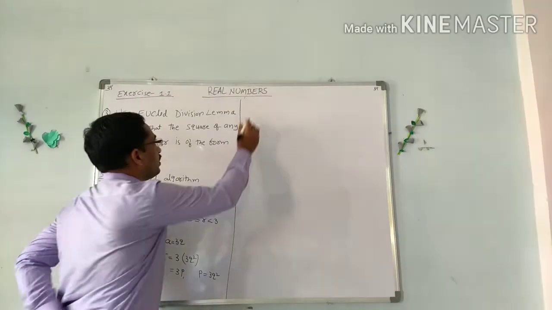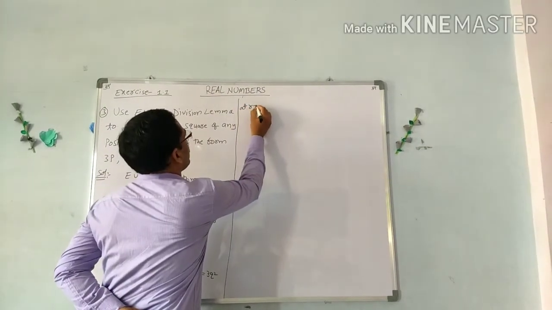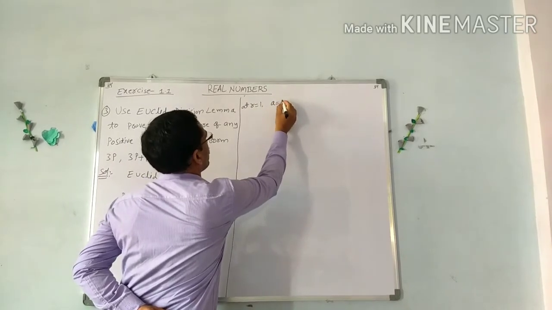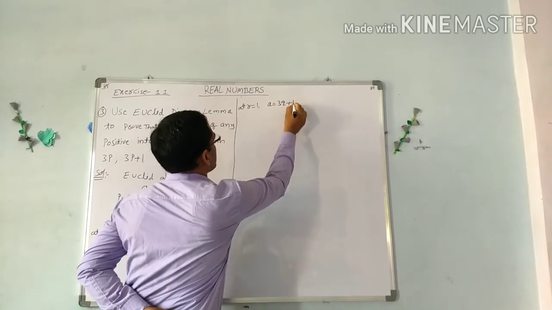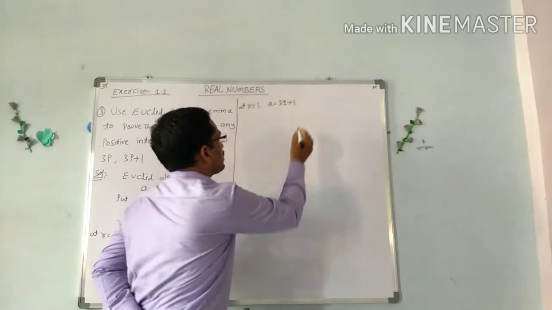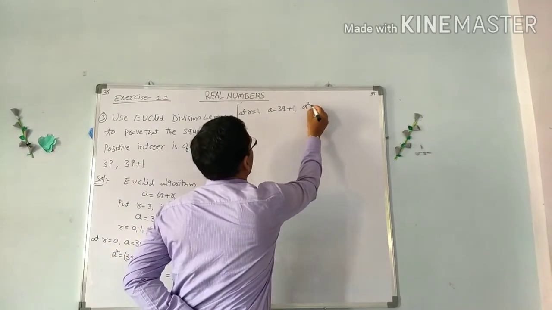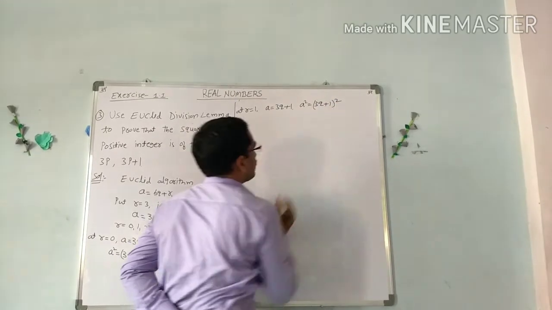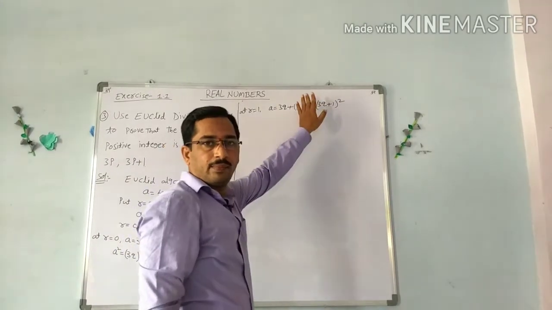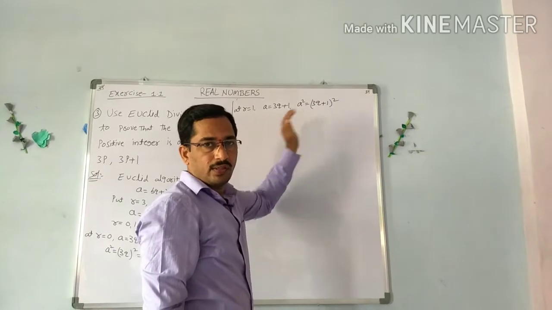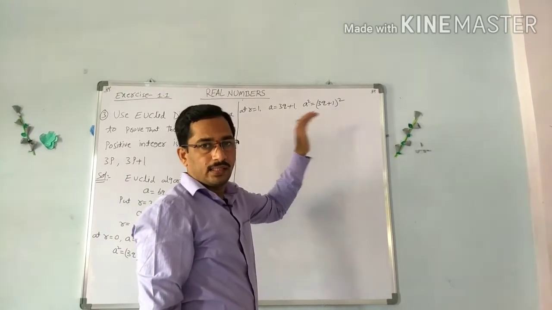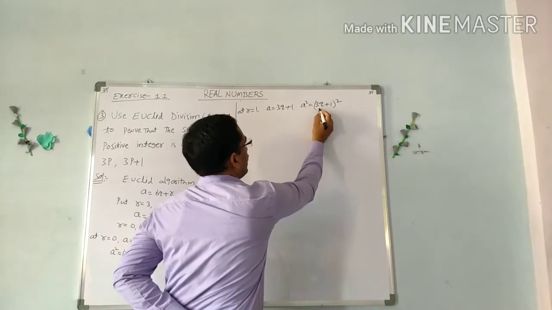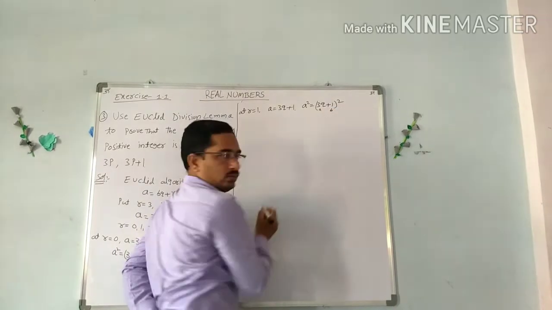Now r equal to 1. At r equal to 1, a equal to 3q plus 1. Now a square equal to 3q plus 1 whole square. It is in the form of a plus b whole square, so we have to expand it. A value 3q, b value 1.